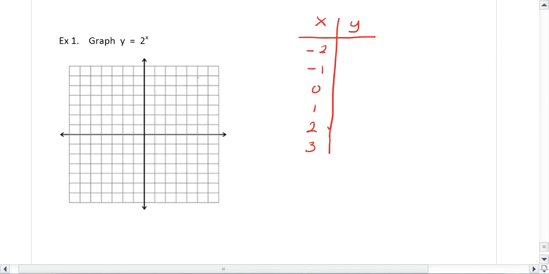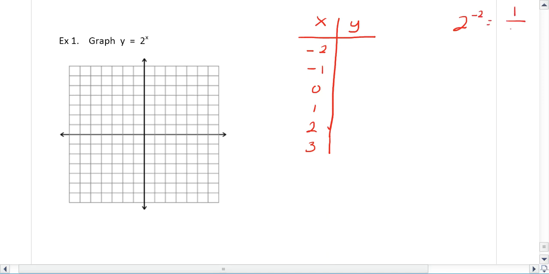All right, so let's take a look at some of these exponential functions. So we're going to graph y equals 2 to the x. Now, we could enter it in our calculator, or we could do it old school by doing a t-chart. So that's what I'm going to do. So as I enter -2 here, I'll just do the math over here on the side. So I have 2 to the -2 power, which we know we flip.